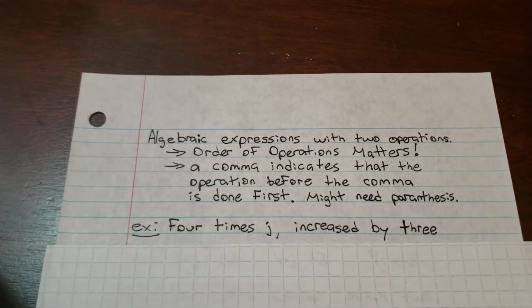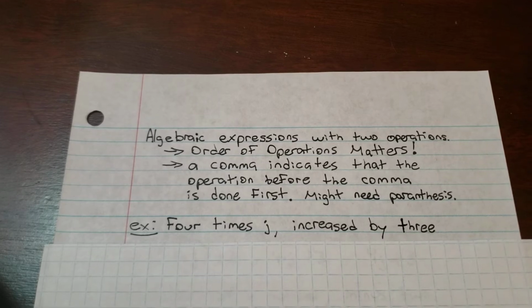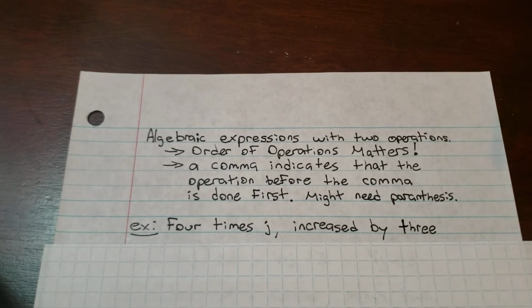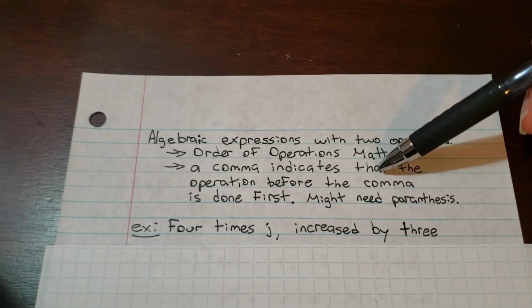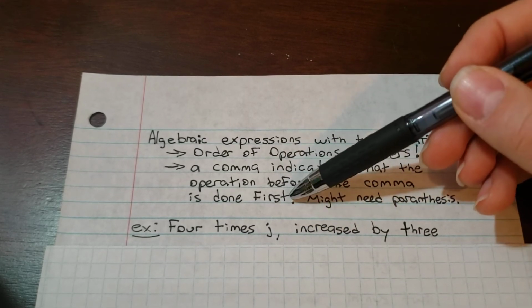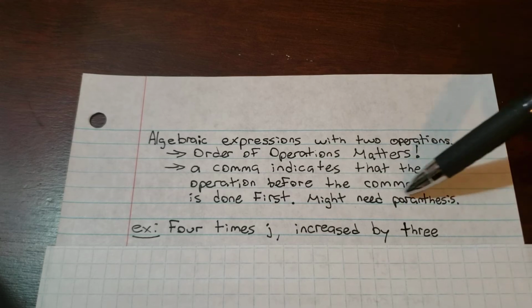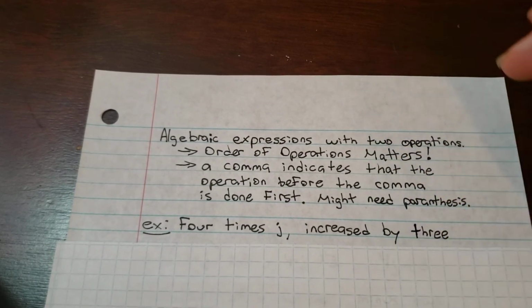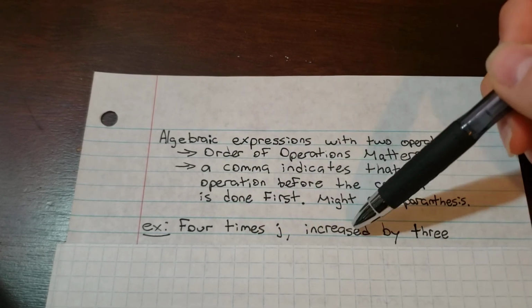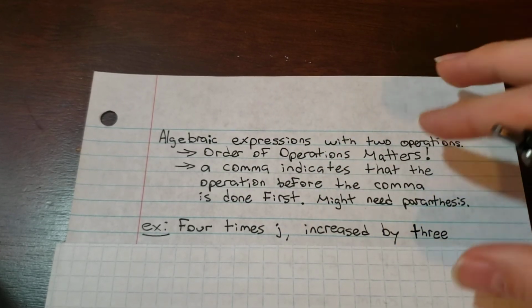4 times j, increased by 3. So here's my comma. Anything that happens before a comma comes first. And depending on the operation, you might need parentheses. Well, we know that multiplication comes before addition.